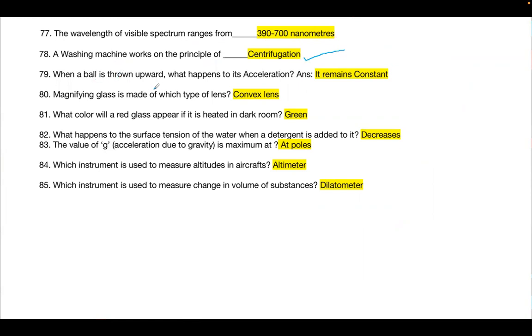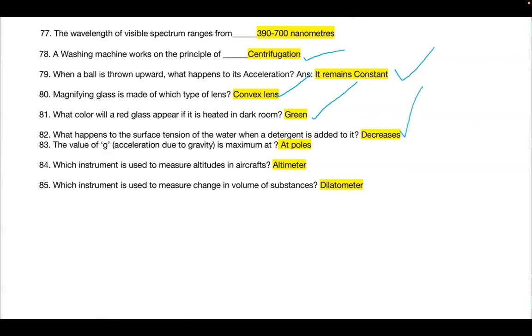When a ball is thrown upward, what happens to acceleration? It remains constant. Magnifying glass is made up of which type of lens? Convex. What color will a red glass appear if it is heated in a dark room? It is green. What happens to the surface tension of water when a detergent is added to it?